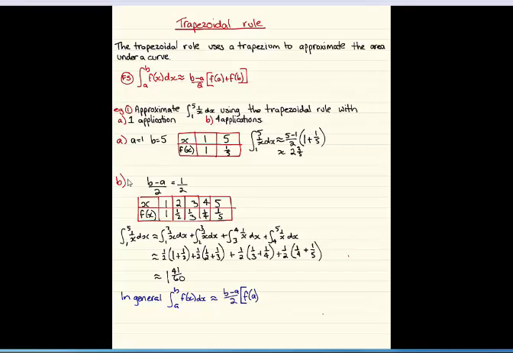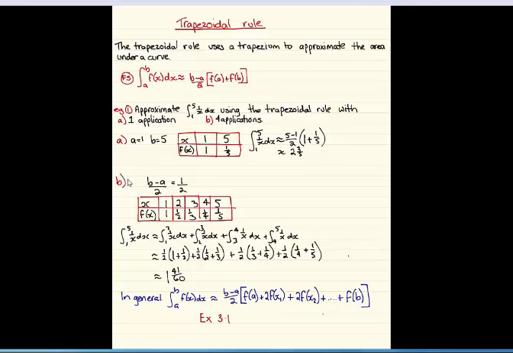Doesn't affect any of the other trapeziums though, does it? So it's 2 times the next value, and then it goes on 2 times the next value, and it keeps going like that right up until you get to b, because that's only used on the last trapezium. So if you like, you can learn that formula. Totally up to you. I don't suggest you learn another formula, but if it works better for you, that's fine.